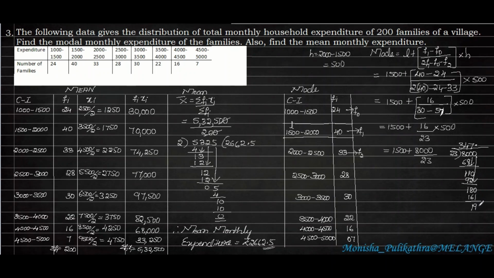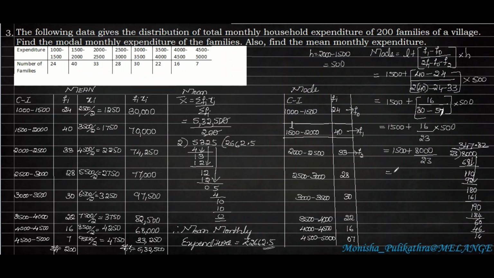Put a point and a 0 here, 190. Next, 23 8s are 184, so the remaining is 6, so we can put a 0 here. Next, 23 2s are 46. After the decimal point you can take at least 2 digits.